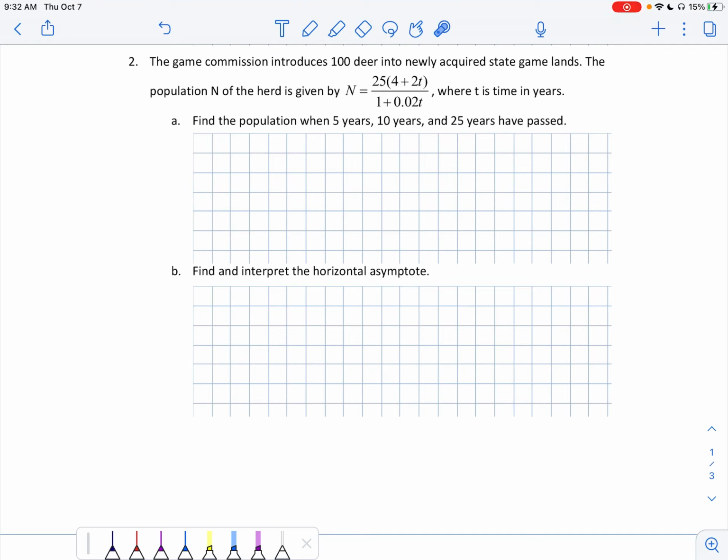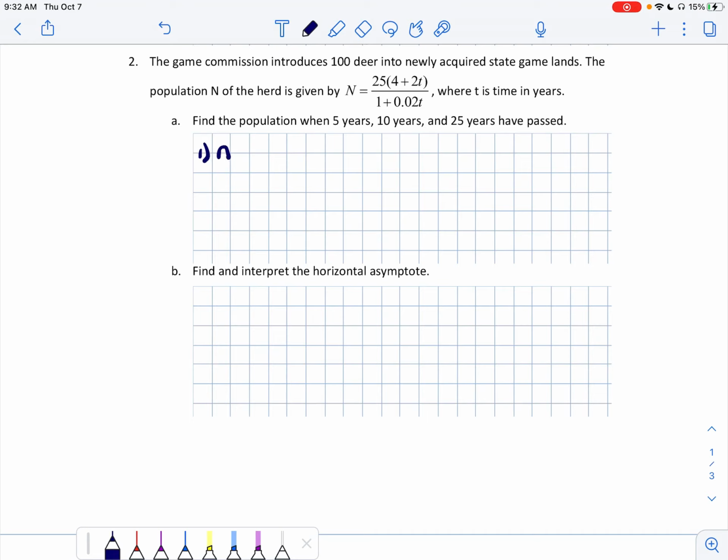So part A just says find the population when 5 years, 10 years, or 25 years have passed. So again, this just means take the 5, 10, 25 and plug it into t in our function. Okay, let's start with 5.